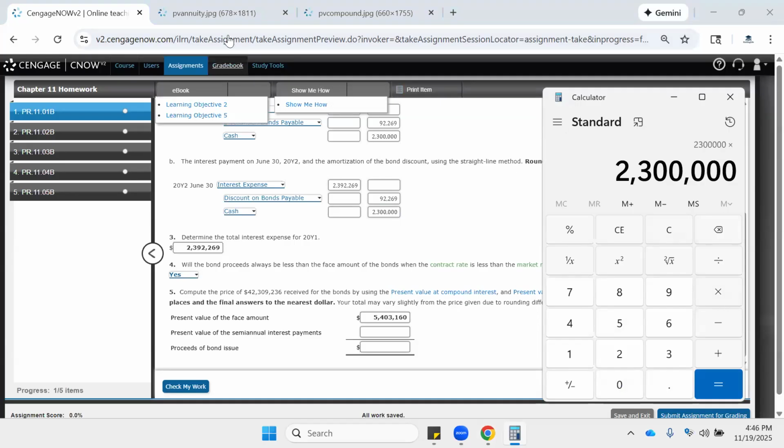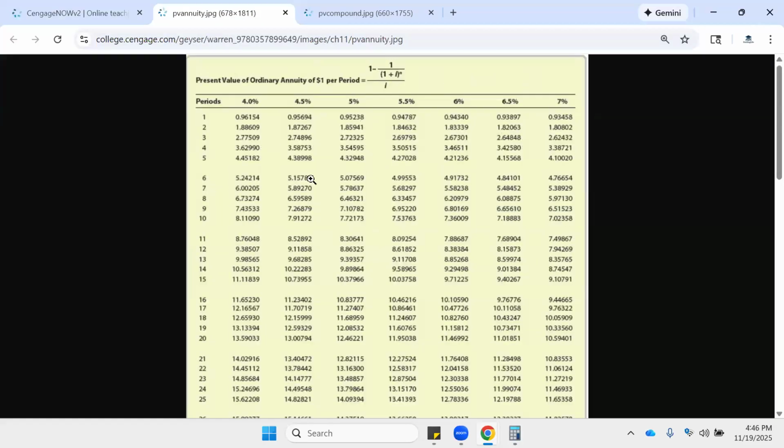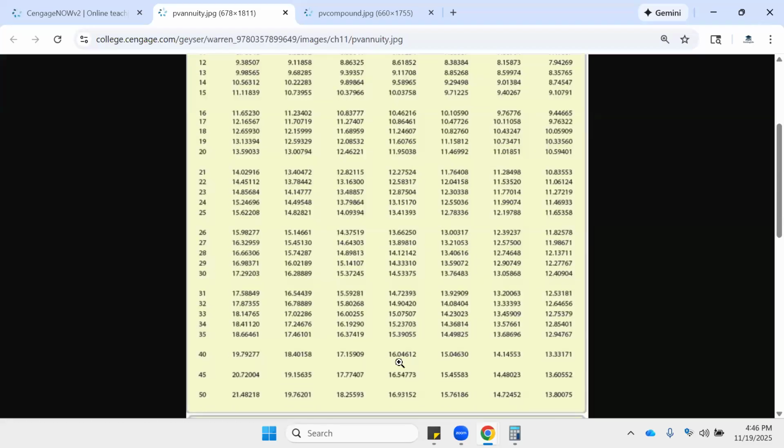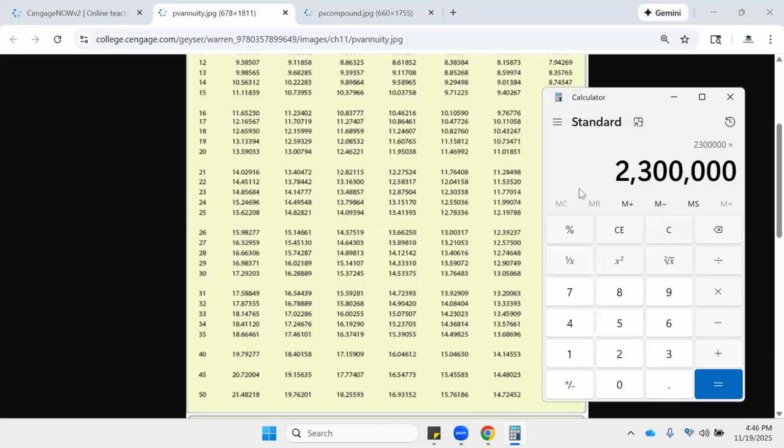Now we need to multiply that by the present value of an annuity. We have 40 periods of coupons, 6-month periods in a 20-year bond, and we have a market rate of 5.5%. And so the present value factor for this annuity is 16.04612.